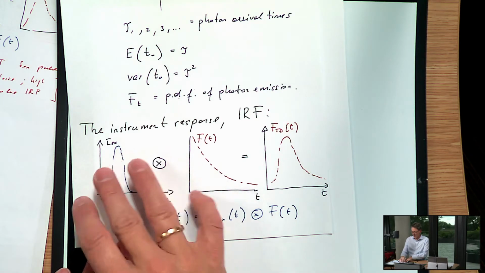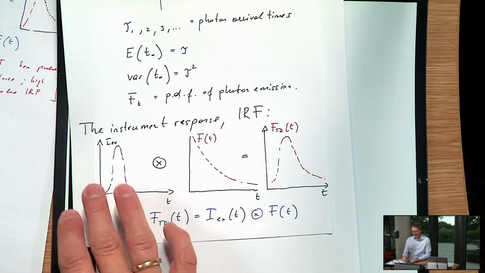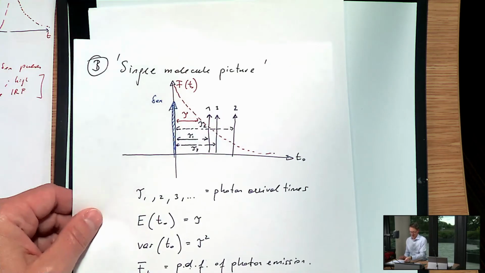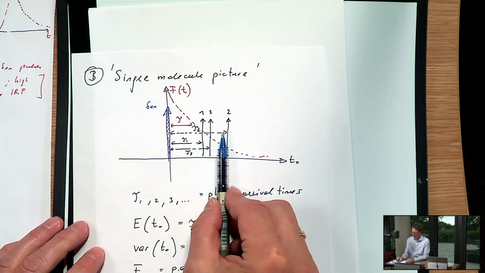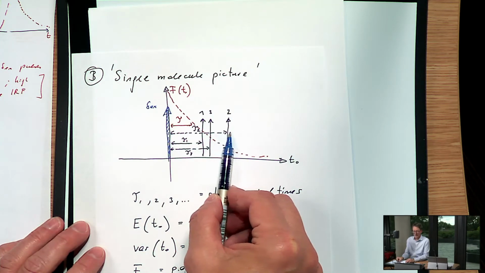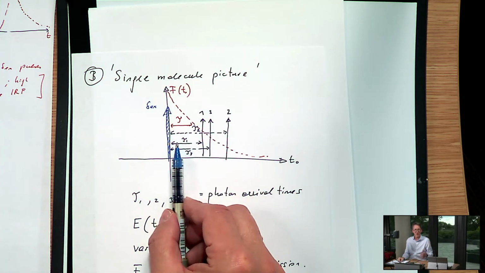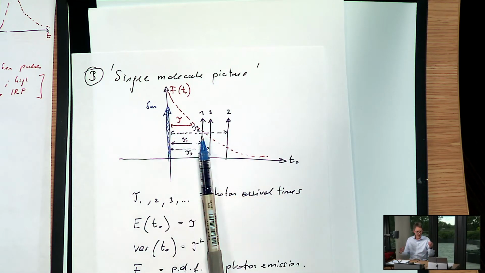the instrument response may also include things like timing jitter. For example, the electronics that you use to measure these time intervals are very short. We already saw that a typical fluorescence lifetime is 4 nanoseconds, or 4 billionth of a second.